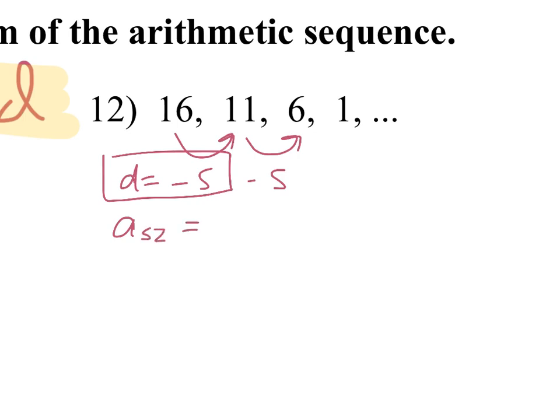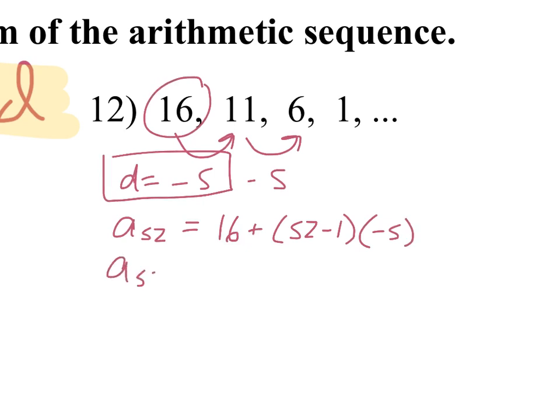Our 52nd term is going to be our first one plus n minus 1, so 52 minus 1 times d, which is -5. So our 52nd term is 16 plus 51 times -5, which I can just put in parentheses.